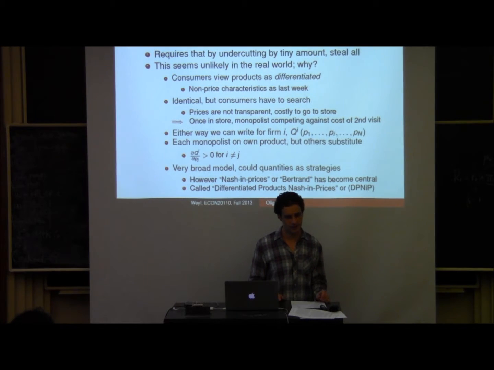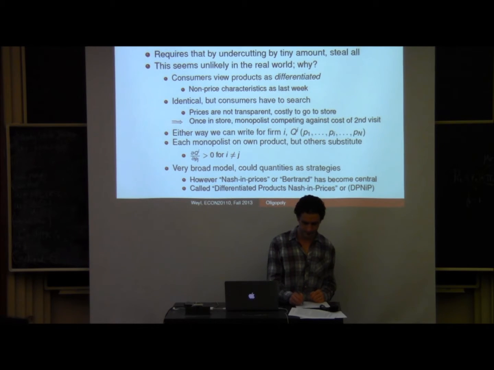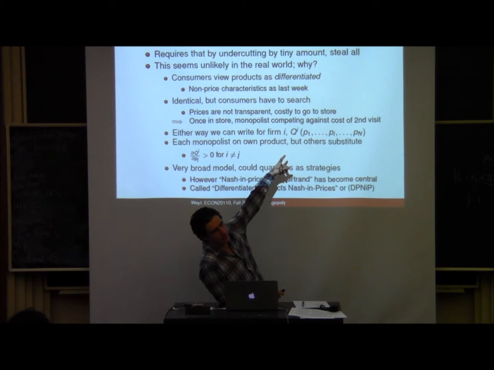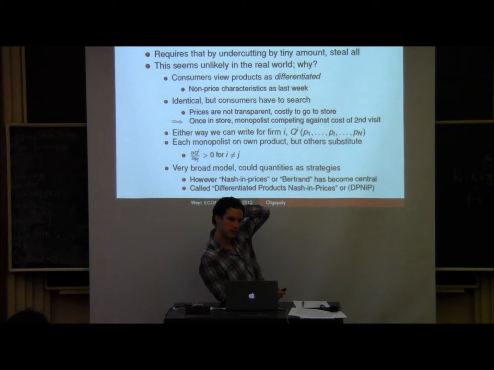Yeah. So when you write the quantity for firm i, why is it not Q minus i, and why is p_i inside that function? Because my quantity, the amount that I sell, depends on my price, but it also depends on the prices of all the other firms. So you're trying to evaluate it including your price? Well, because if they raise their price, then I'm going to get more business. If they lower their price, I'll get less business.